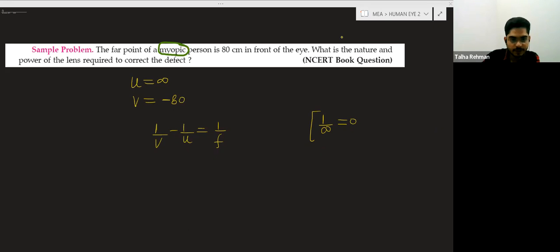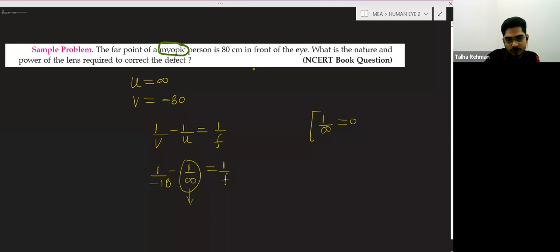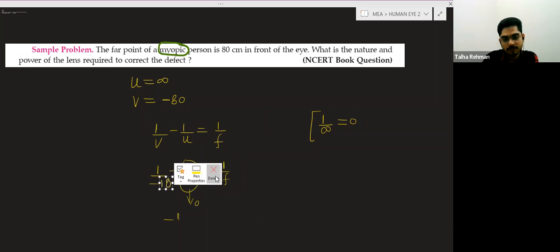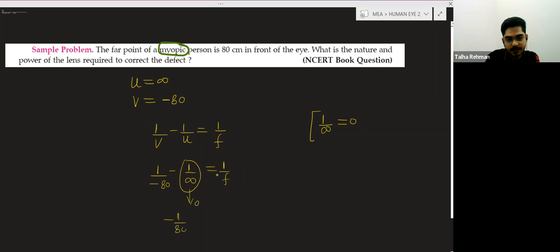So what is v? 1 by minus 80. What is u? 1 by infinity, and this is equal to 1 by f. I have told you this term will become 0. So you will have minus 1 by 80, and this is equal to 1 by f.